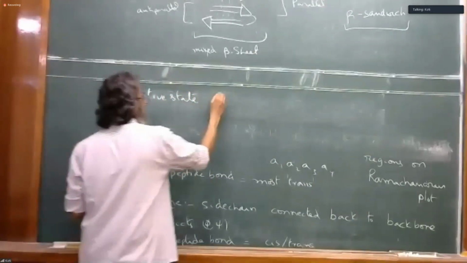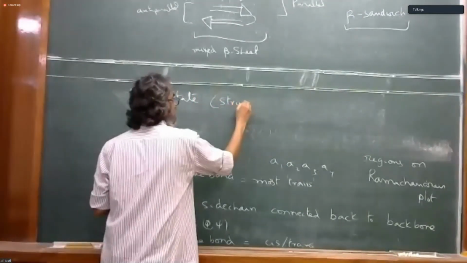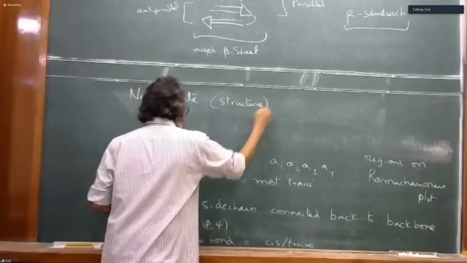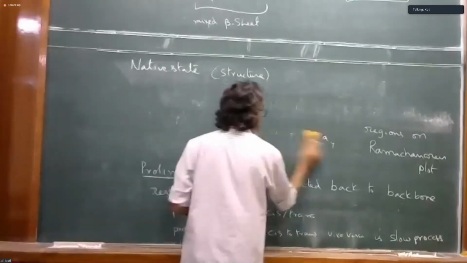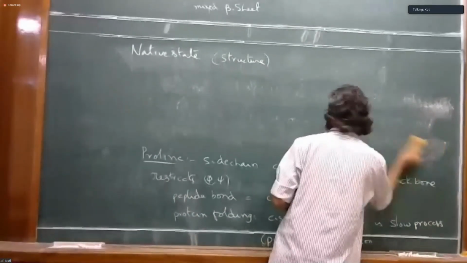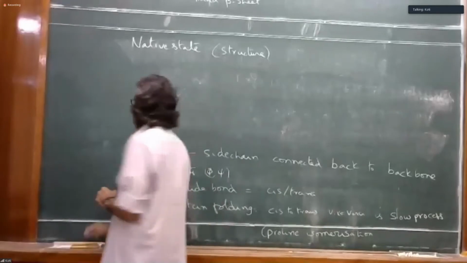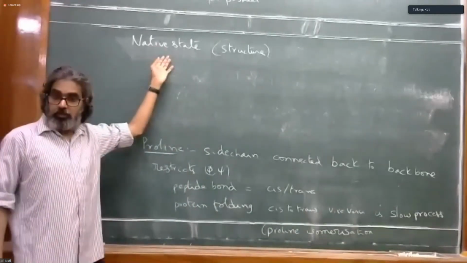Our native state structure means that if you take myoglobin or chitin or any protein from their native arrangement, and try to look at their structure, that's exactly how it will look, native state.